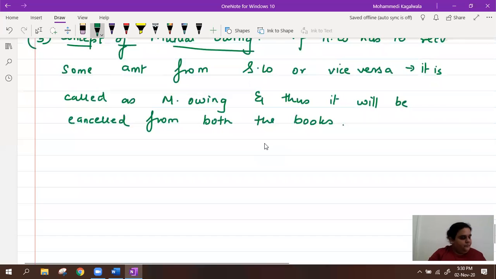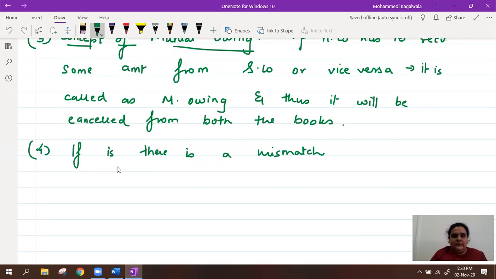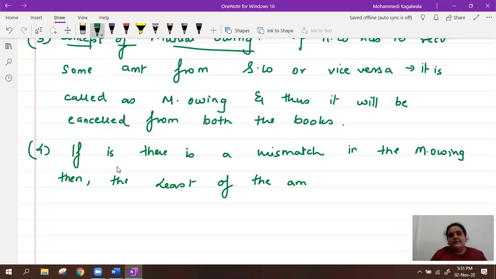Okay, now if there is a mismatch in the mutual owing figures, then the least of the amount will be cancelled.